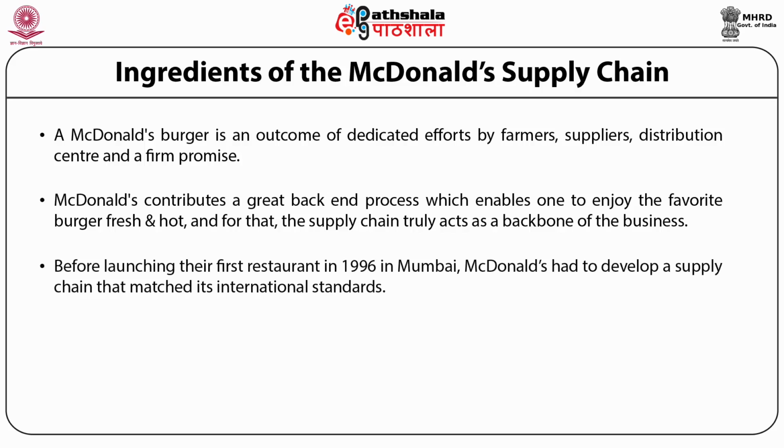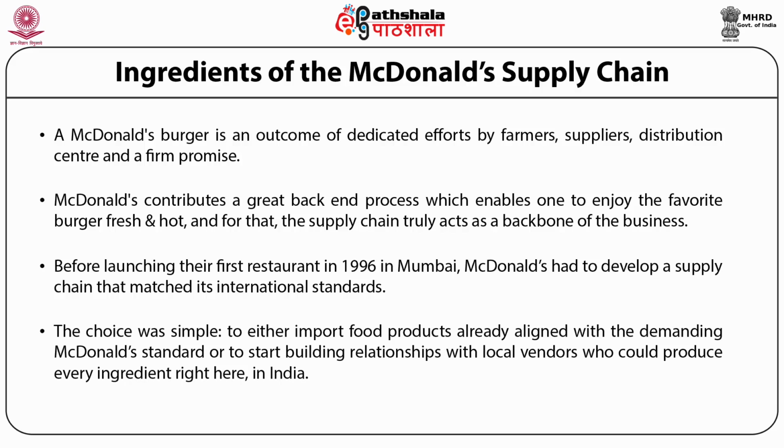Before launching their first restaurant in 1996 in Mumbai, McDonald's had to develop a supply chain that matches its international standards. The choice was simple: either import good products already aligned with the demanding McDonald's standards, or start building relationships with local vendors who would produce every ingredient right here in India.